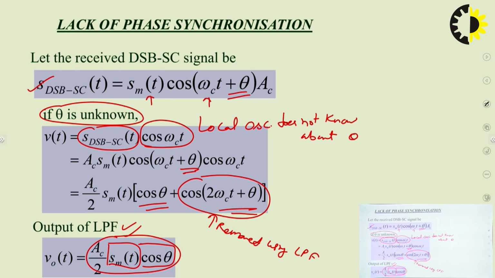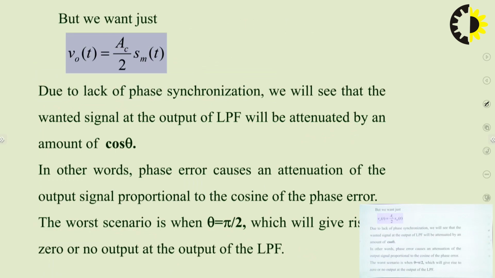Now what can happen due to this cos theta? If we say the value of theta is 0, then we know cos 0 is 1, so there is no distortion. But in an extreme case, say theta is pi by 2, then what will happen?